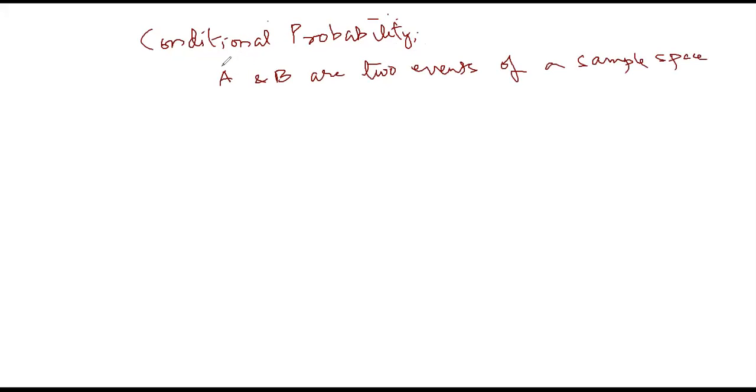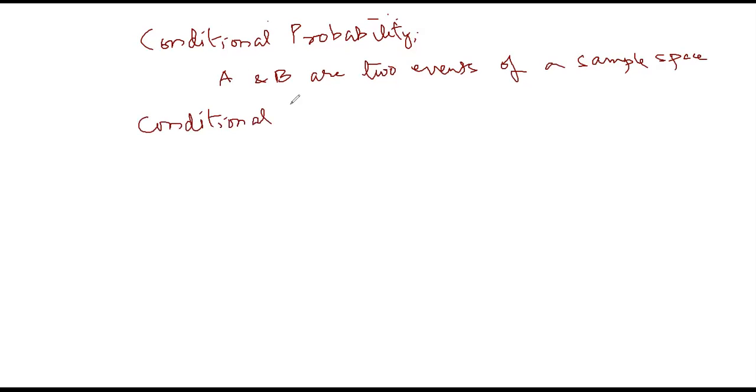As I told you, the conditional probability is the probability of event A given that B has occurred, meaning B has already occurred and we find the probability of A.